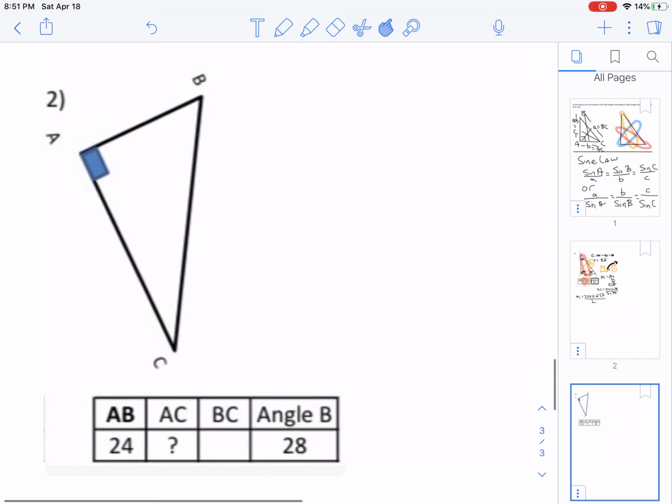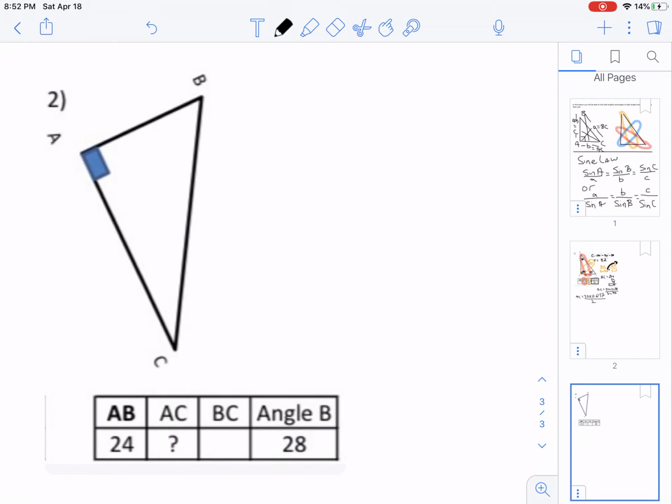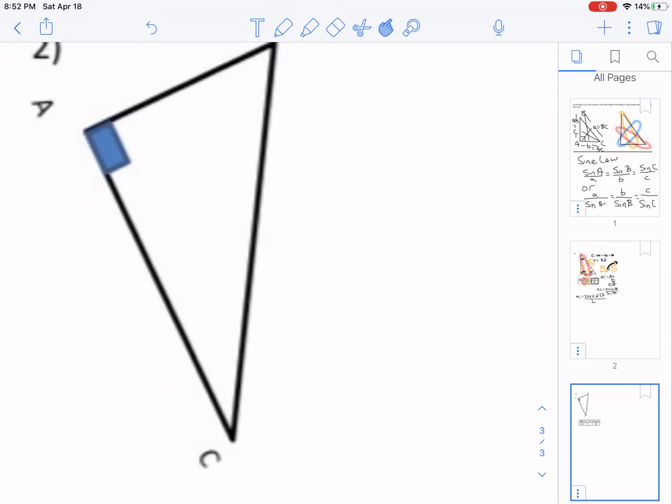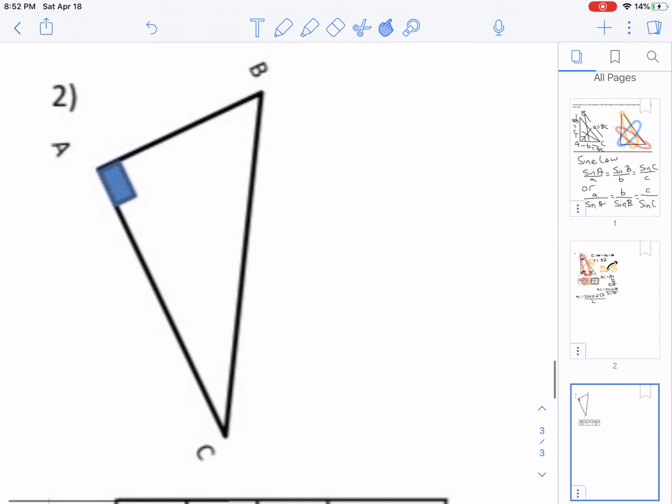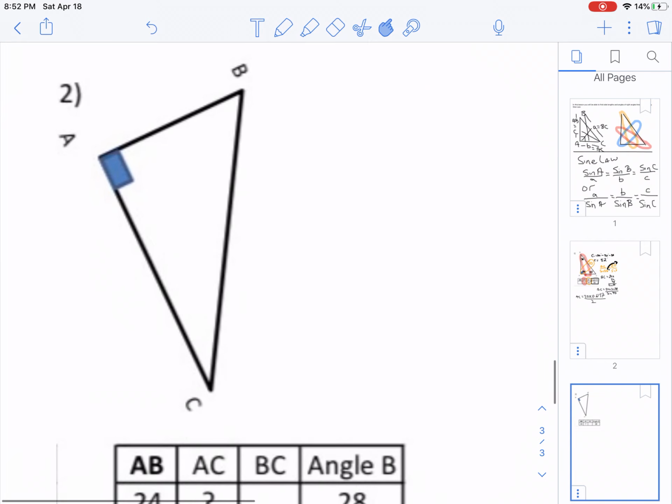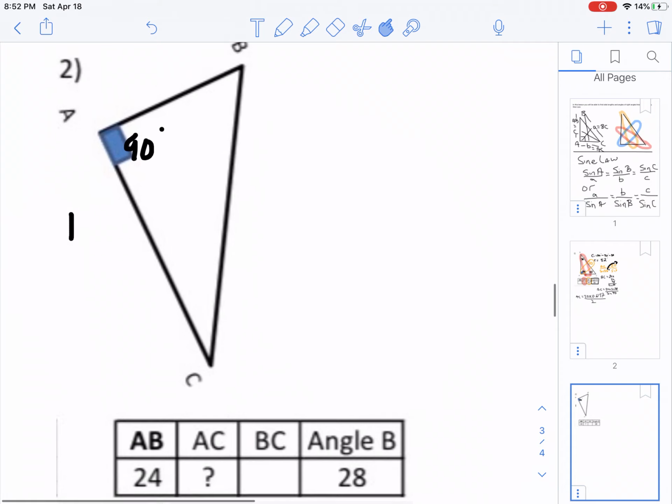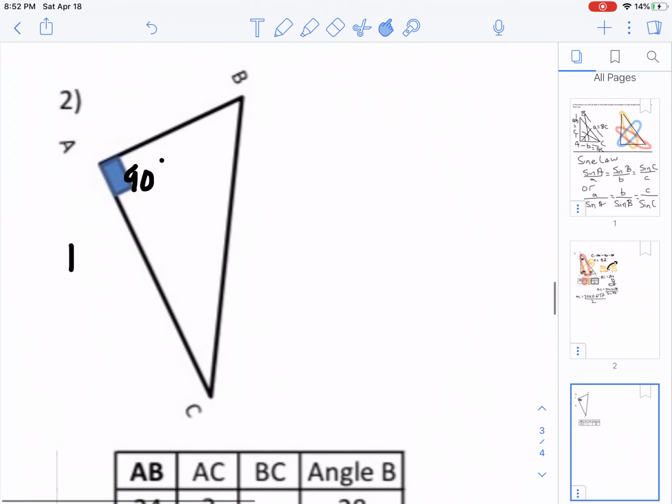Let's try number 2 together. Same process. We know that angle A is 90 degrees. We know that angle B is 28 degrees.